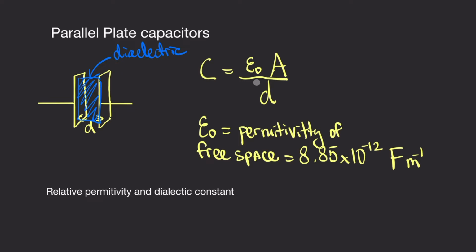Then its capacitance will change, and we're going to get an additional constant, which is epsilon subscript r. Now this here is our relative permittivity. This typically is a number or a decimal, and it's going to be greater than 1 because we can't have permittivity smaller than the permittivity of free space.